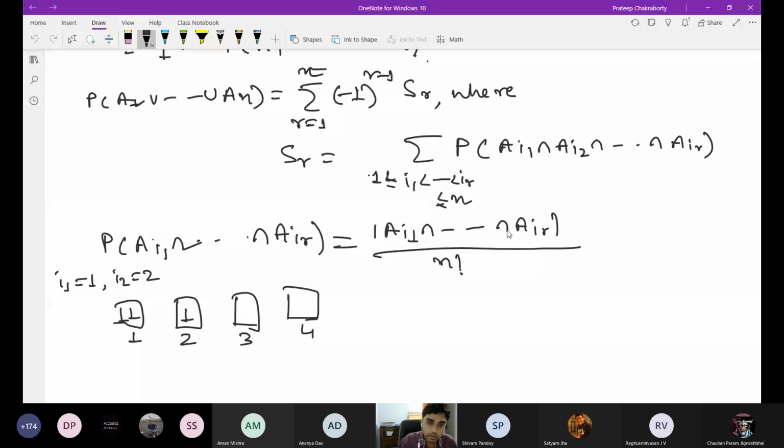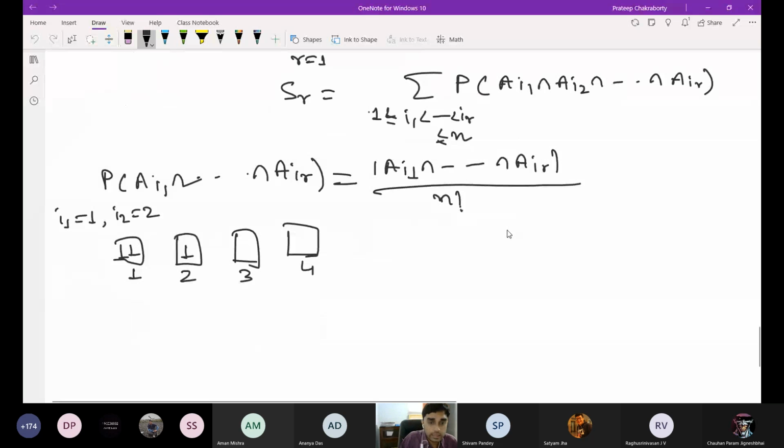But in the other letters, you can put in any way. Like here, you have put the first letter in envelope number 1, the second letter in envelope number 2. But in 3, 4, you can put any way. These 3, 4 letters you can put in 3, 4 envelopes any way. So there are two ways, 3, 4 and 4, 3.